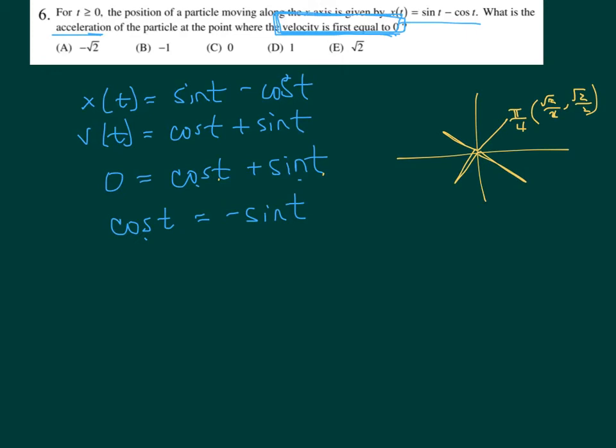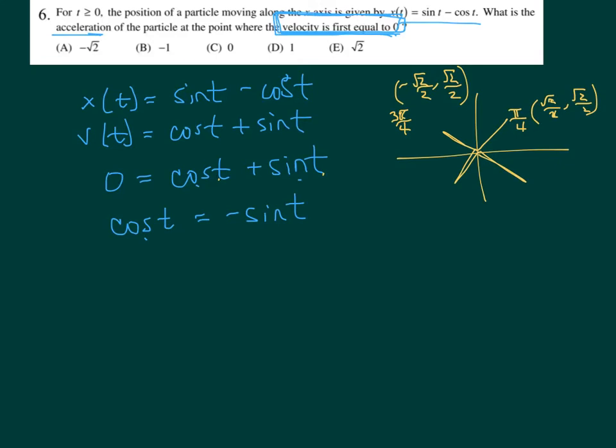Okay, but let's look at quadrant 2, which is 3 pi over 4. Now the coordinates are negative square root 2 over 2, square root 2 over 2. All right, that definitely is more like it. Okay, when I add negative root 2 over 2 and root 2 over 2, those are opposites and they would equal 0. All right, now, do I need to look any further is the question.